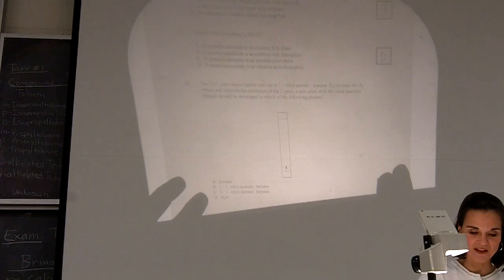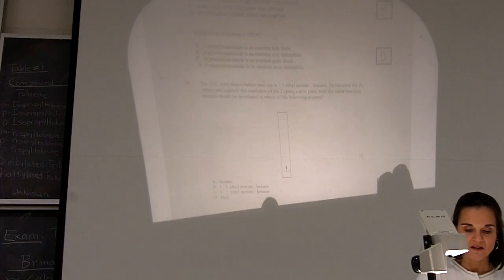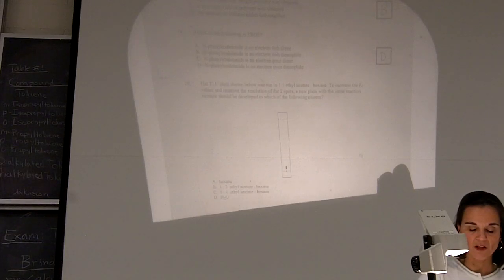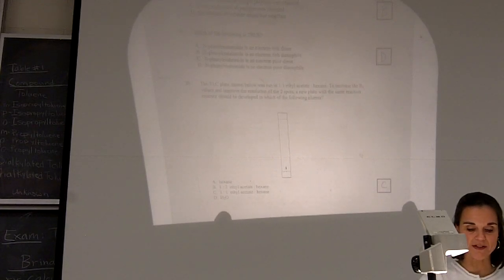Think about it. So you've got 1 part ethyl acetate, 3 parts hexane. 3 to 1 ethyl acetate hexane: you've got 3 parts ethyl acetate, 1 part hexane. So now you have more ethyl acetate. That'll make a more polar solvent. So the answer is C.